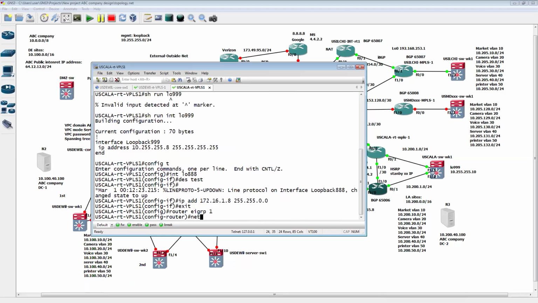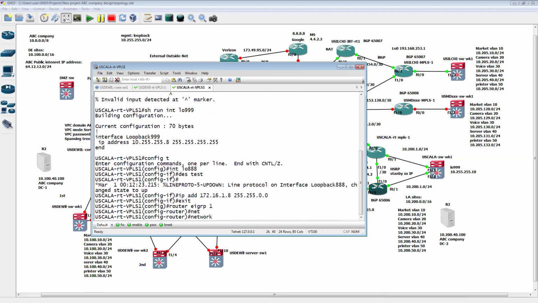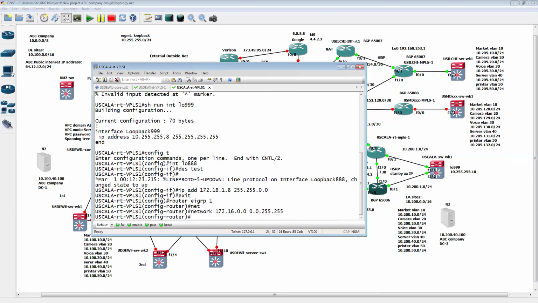We say network, and we grab this one, 172.16.0.0, and then use the wildcard, which is just the reverse of the mask. That's the default. Hit enter. Boom. Okay, now we go back to this router first.